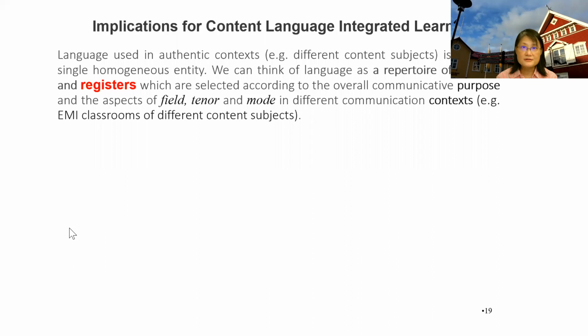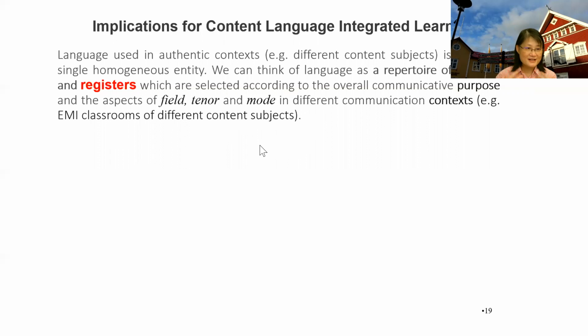So the implication for CLIL is that when language is used in an authentic context, it's not just one single homogeneous style or register. You will expect students to come across different genres, different registers, right? So if they understand, oh, I can analyze any text I come across, I won't be afraid of these. I can analyze what's the field, that is the topic, what's the tenor, that is the social relations of the participants in the conversation or in the communication, and what's the mode, written mode, spoken mode.